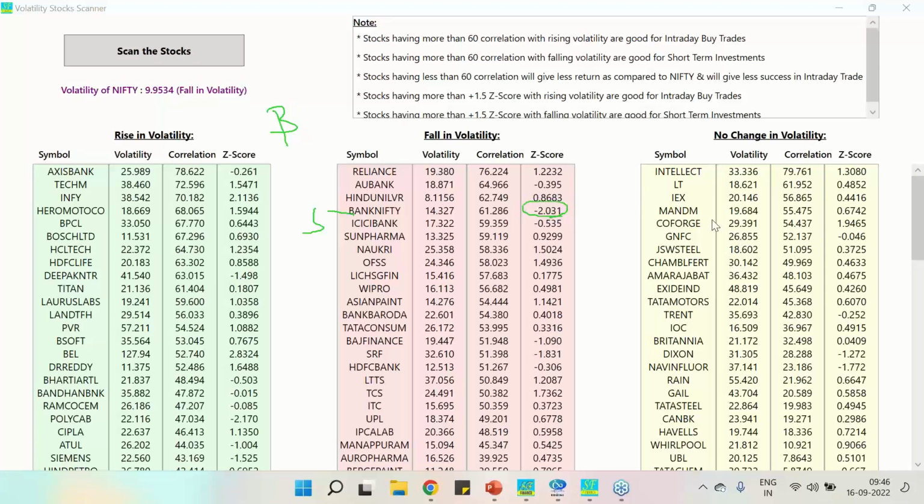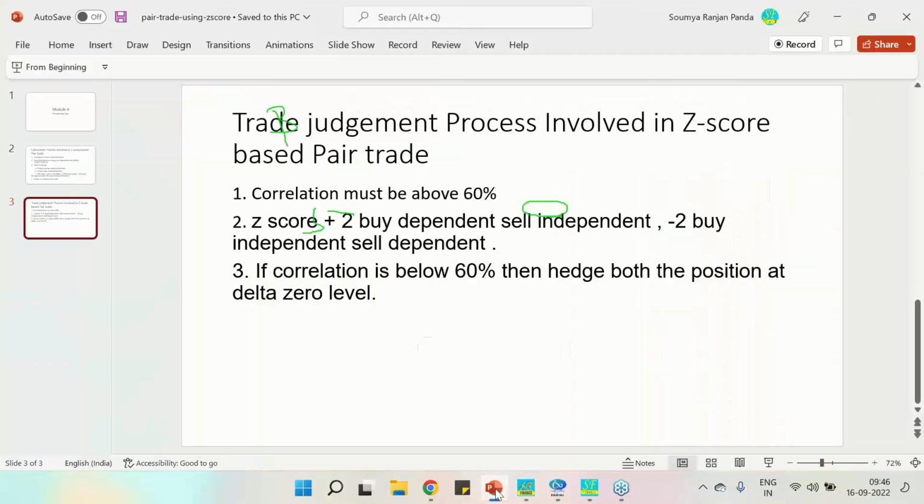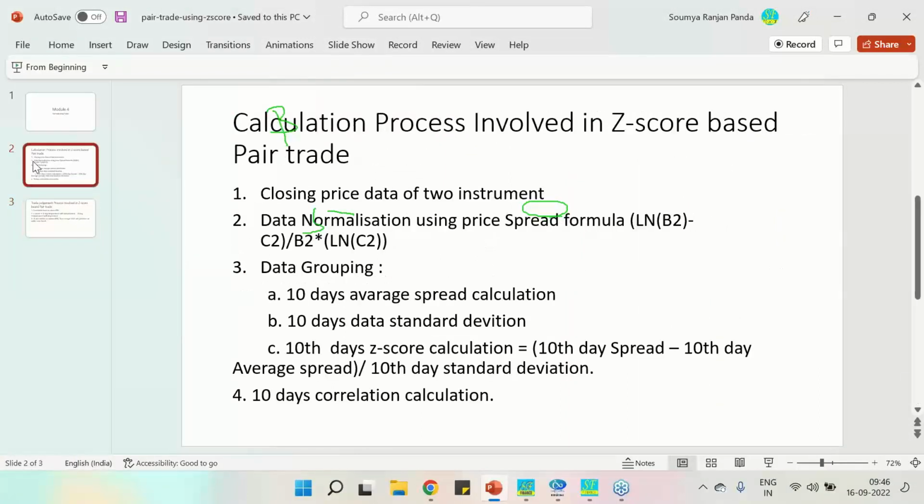Why so? Why is this being recommended, and in what way is it going to give benefits?